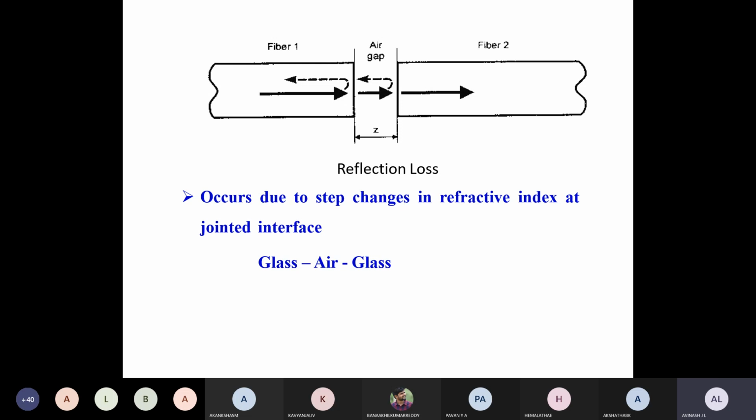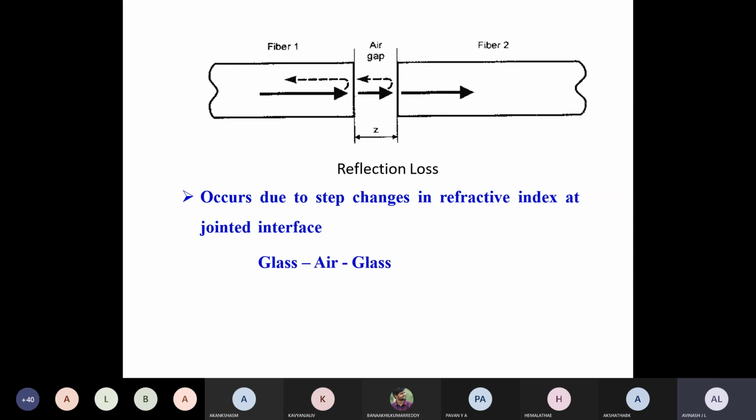Here one air gap means, at the interface of the gap, some little amount of energy may get reflected back. That's the first thing. Second thing is, when the signal enters the air gap and moves into fiber 2, there also a little amount of energy is reflecting back.